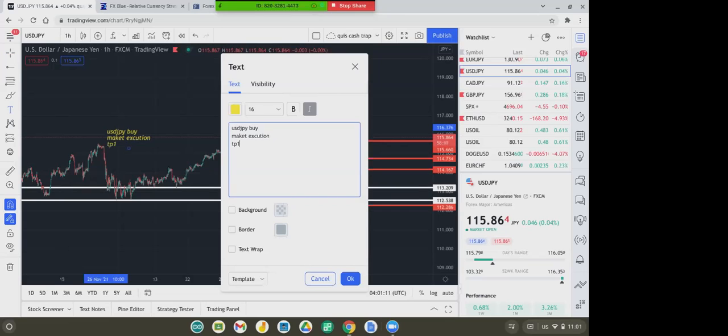TP1 is going to be 114.167. 100 pips. TP2 114.734. That was 152 pips.